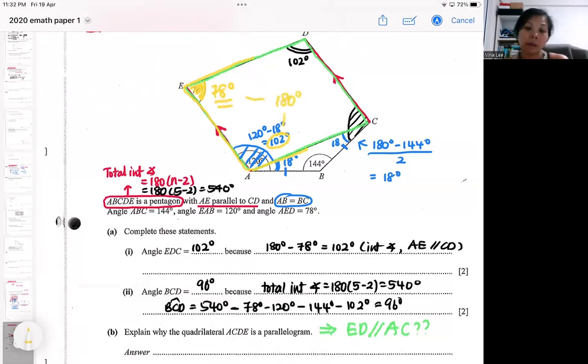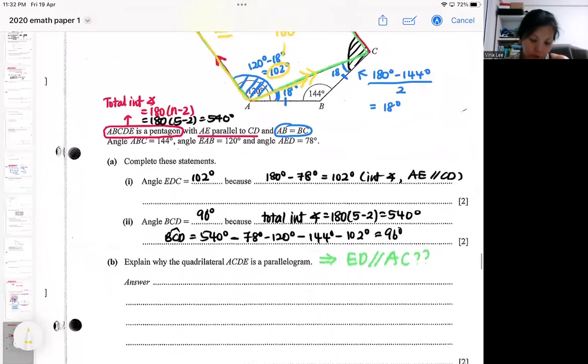So this is the converse of an interior angle. So you will be able to prove that these two are parallel. And with the extra pair of parallel lines, the whole thing will become a parallelogram.